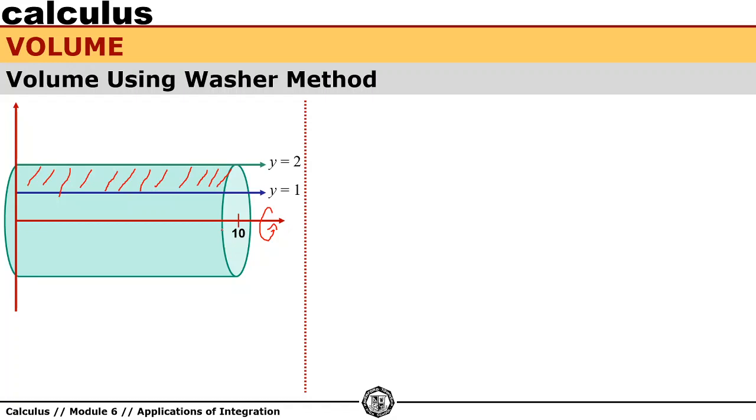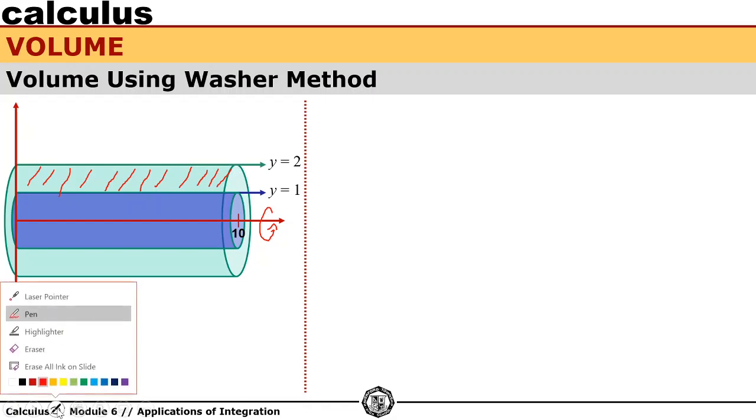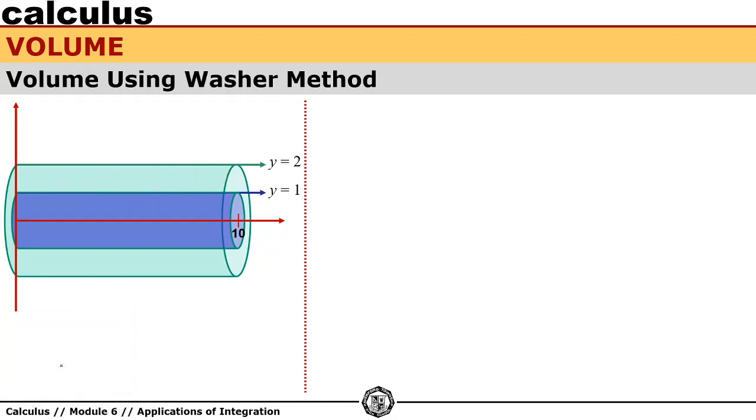But what we're going to do now is take the blue line on the interior, and we're also going to rotate that 360 degrees around the x-axis. When you do that, you get this hollowed out core. What we're interested in finding is the volume of the shape that is on the outside of that core.